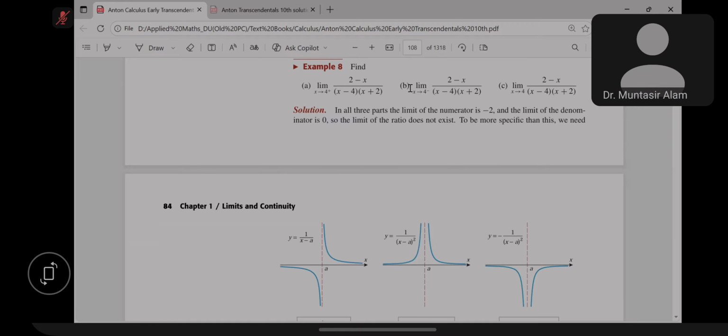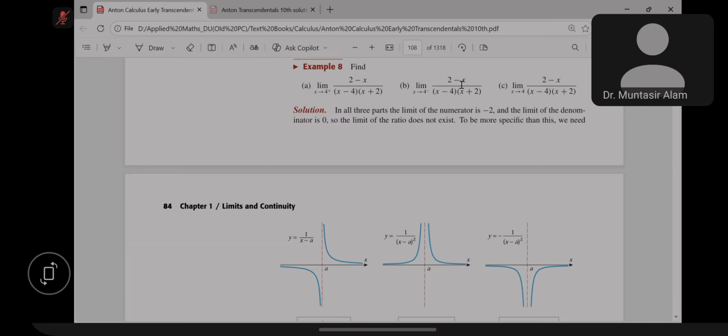Now move to the next part, part B. If you take something less than 4, what should be the sign for the first factor in the denominator? Negative, and negative times positive... Negative and negative is positive, right?